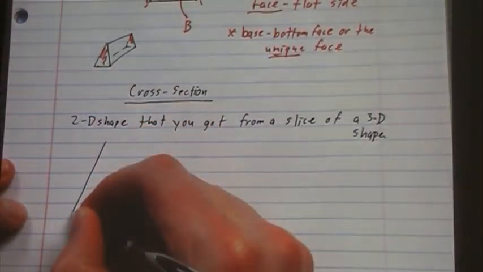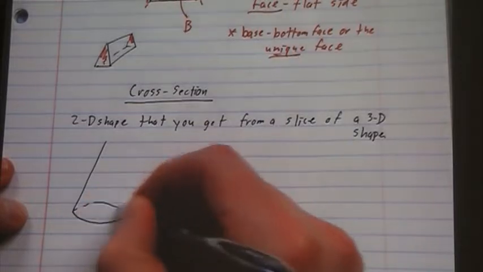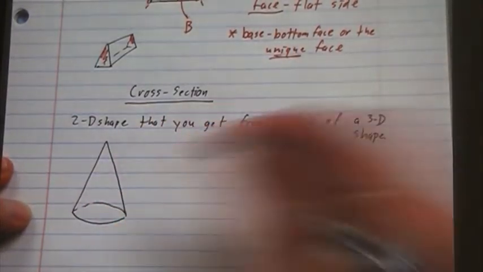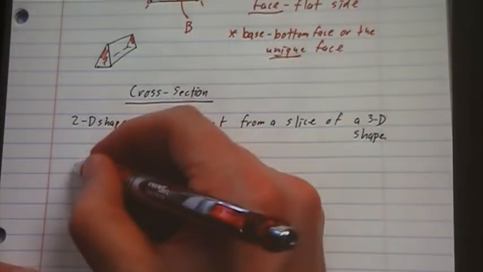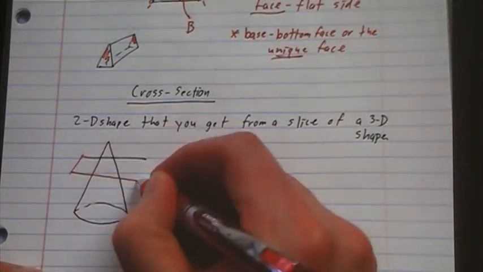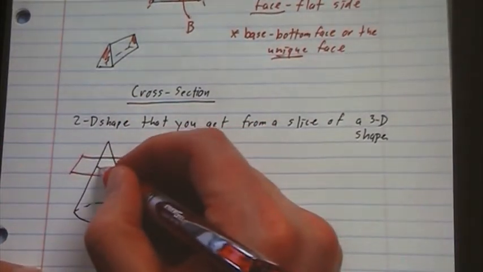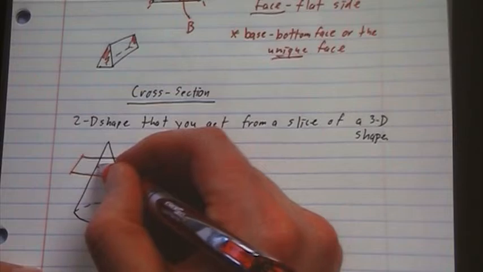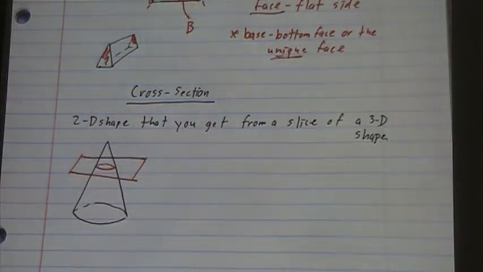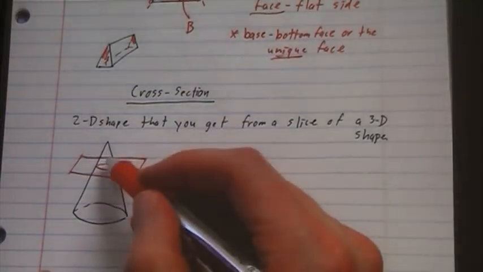If you have a cone and you took a slice right here, I don't know if you guys ever watched those cartoons where someone's wearing a wizard hat and it gets sliced somehow, and then they lose the top of their hat.